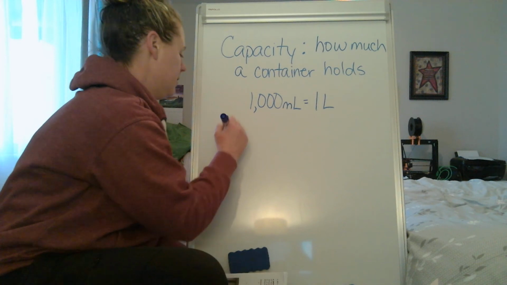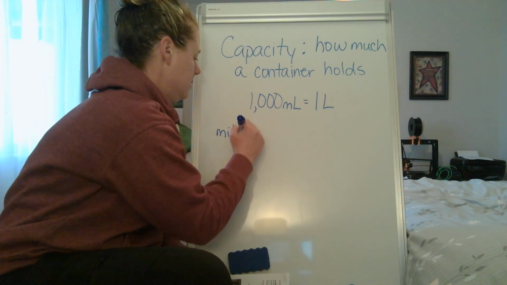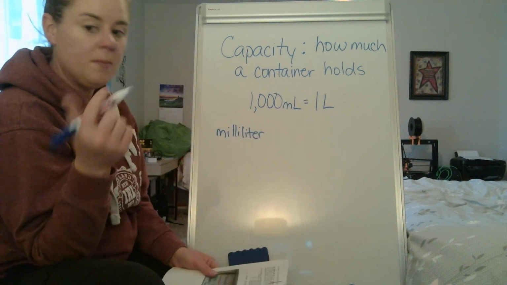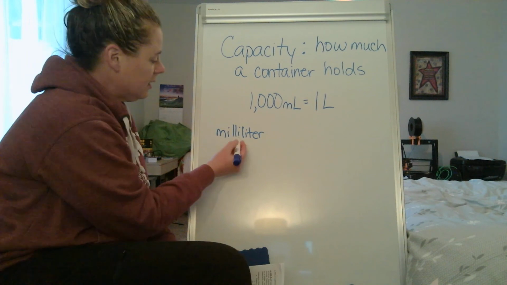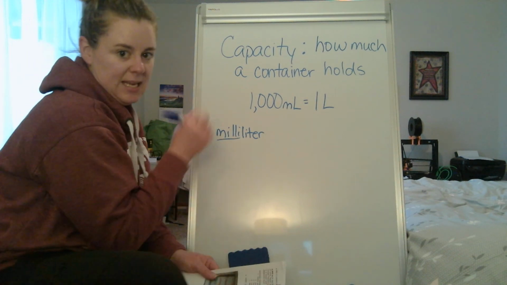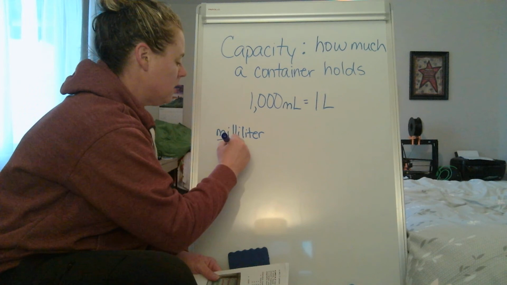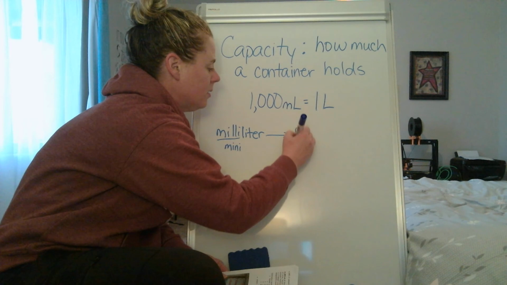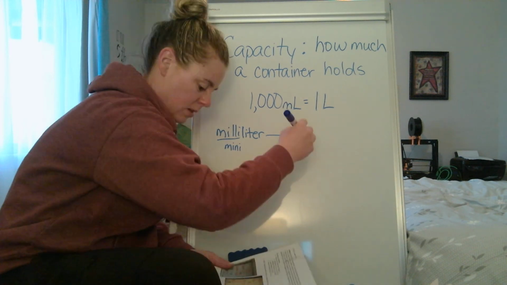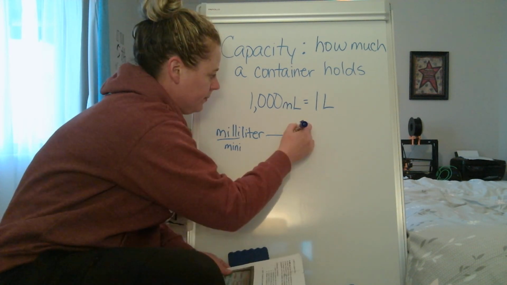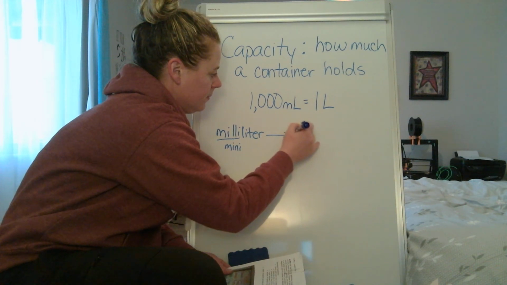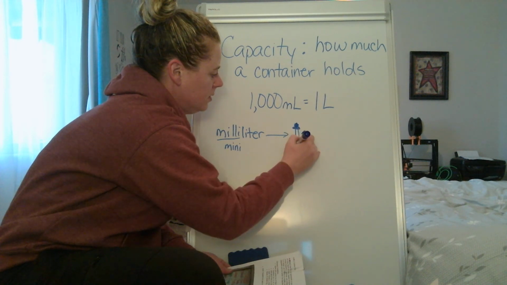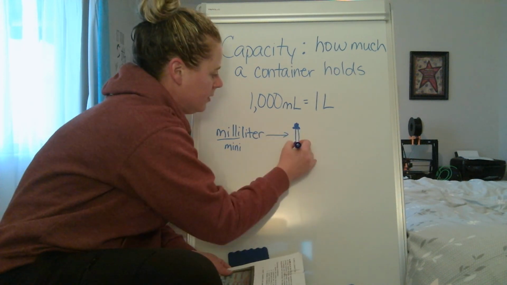So milliliter, let's talk about milliliter. Okay, what would you measure with milliliter? So think of mini. Okay, think of mini. It's very small, mini. So we're talking like just a dropper. Okay, so just a little dropper of water.